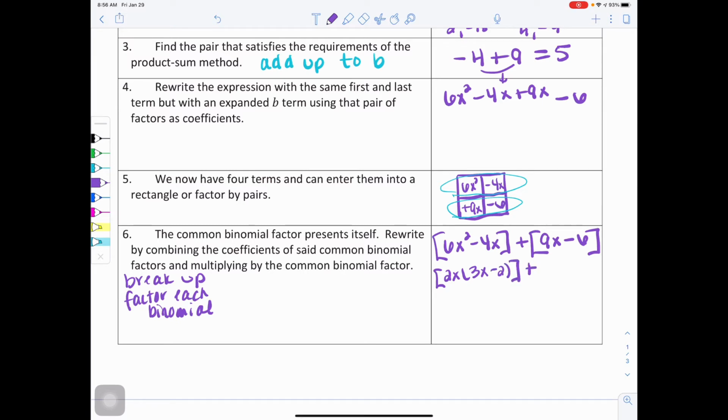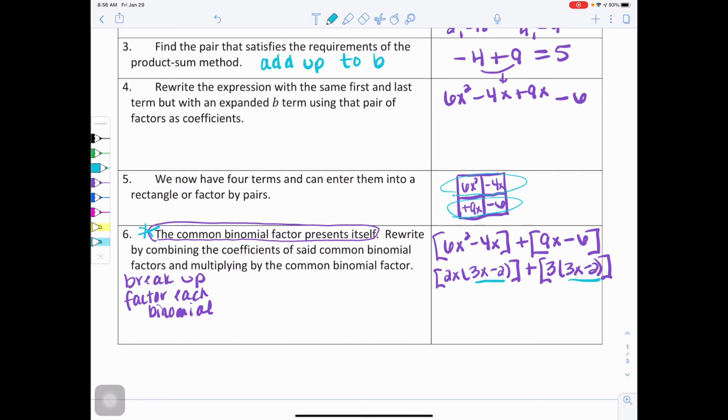Then when I do it for the second one, I have a greatest common factor again, this time of 3. 9x divided by 3 would be 3x. Negative 6 divided by 3 would be negative 2. So what happens is what they said over here. It says the common binomial factor presents itself. So what's happening is right here and right here, we have the same binomial in each of these different settings.